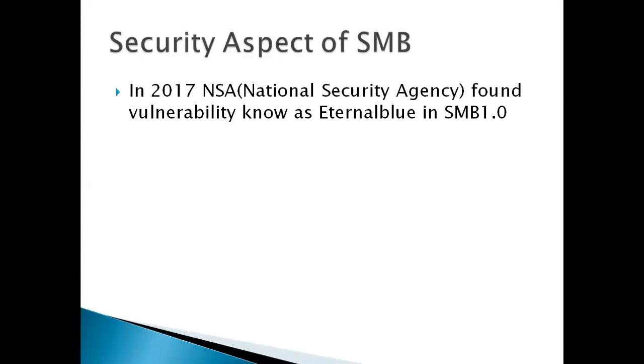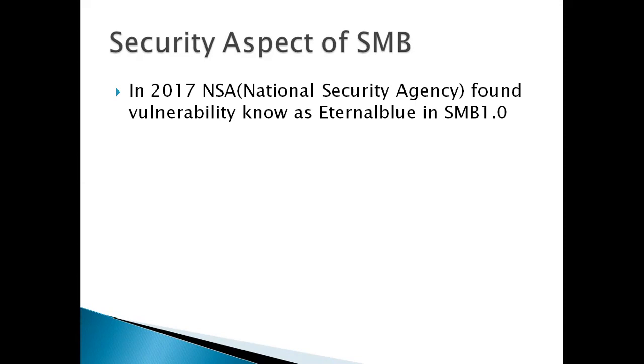In addition to that, it allowed the attacker to gain access to all devices connected to the same network as the compromised device. The Shadow Brokers allegedly stole this information and leaked it online.